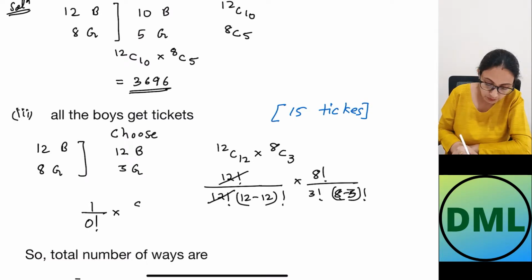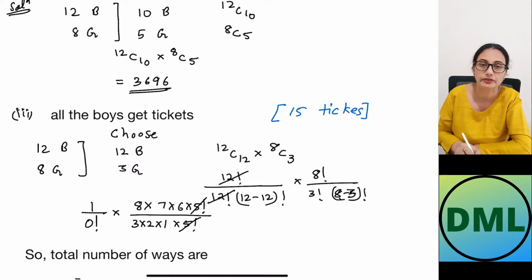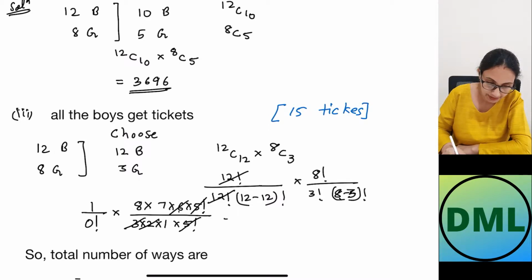So that is equal to 8 times 7 times 6 times 5 factorial. I'll stop at 5 factorial because 8 minus 3 is 5 factorial. This can be written as 3 times 2 times 1 multiplied by 5 factorial. So 5 factorial gets cancelled with 5 factorial. As you know, factorial 0 is 1. So the only thing I have to solve is 8 times 7 times 6 divided by 3 times 2. So 3 times 2 is 6, so it gets cancelled from here and my answer will be 56.